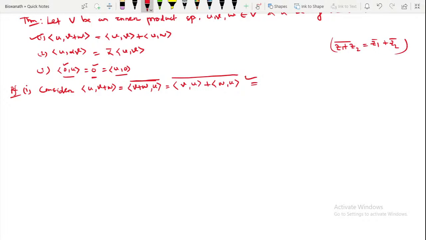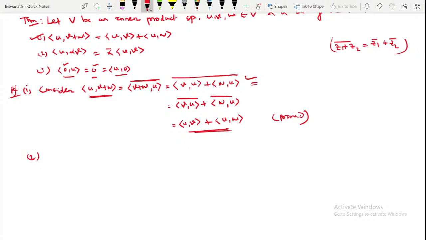By using that property, this is the conjugate of v, u plus the conjugate of w, u. If I remove the conjugate, I interchange the vectors, so I can write this as u, v plus u, w. This is what we wanted to prove. This is proved now.